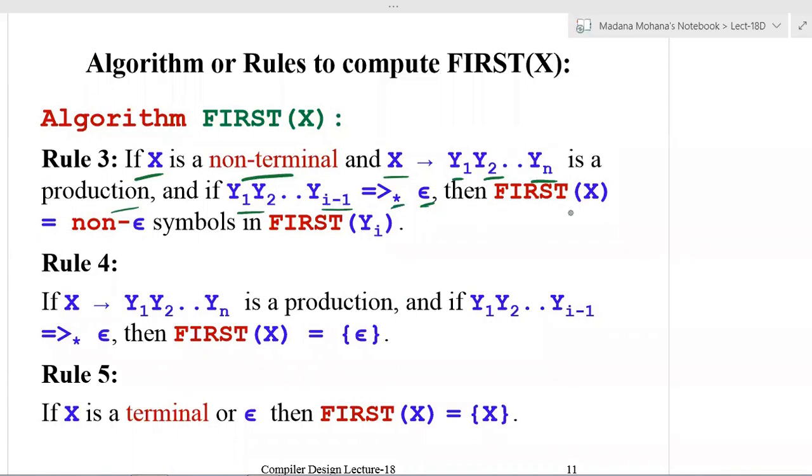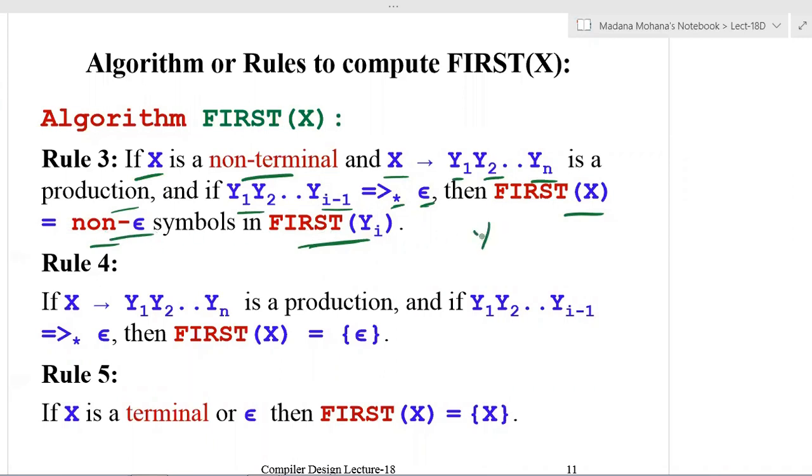Then first of X can be obtained by adding the non-epsilon symbols in first of Yi. So for those before Yi that derive null, you find the first of that variable and add all its first values excluding null, that is the non-epsilon symbols of first of Y.